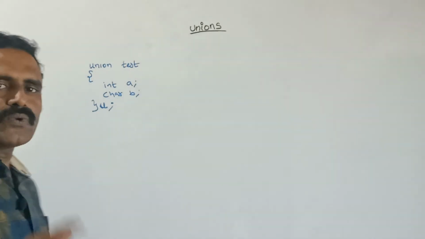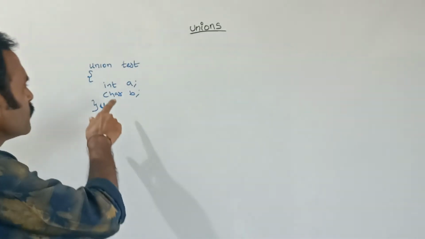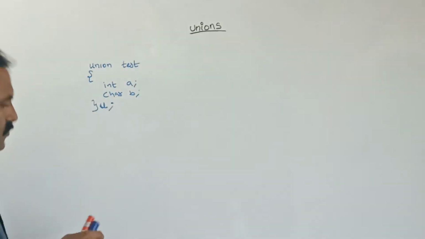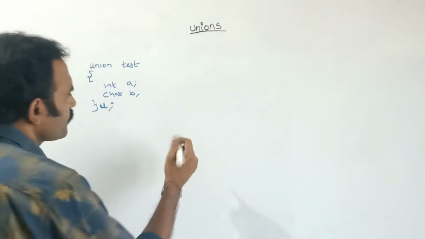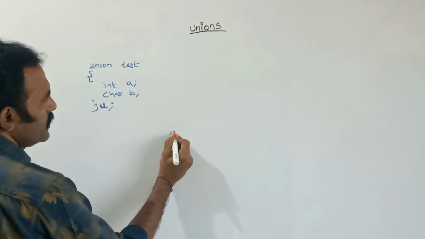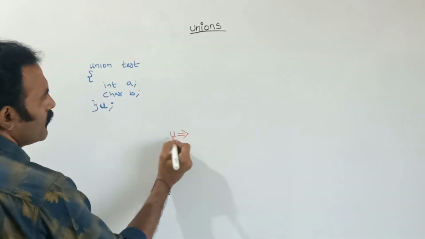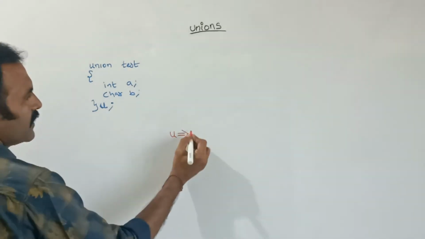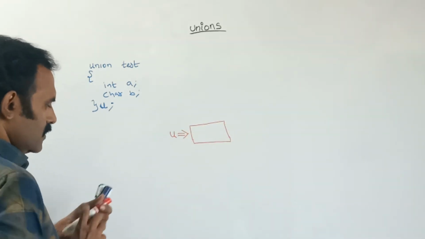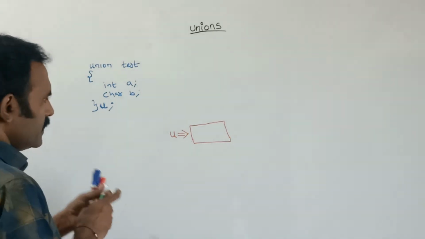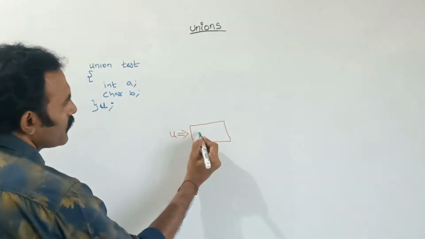For the character only 1 byte. So when comparing, 4 bytes is the biggest one. So the memory is allocated like this. This is U, my union variable name. For this, memory is allocated. Here how many bytes?